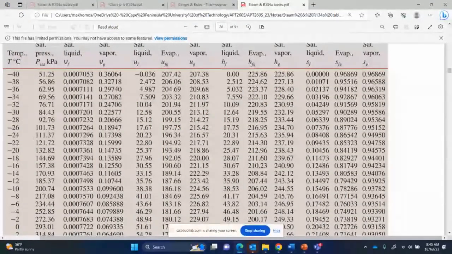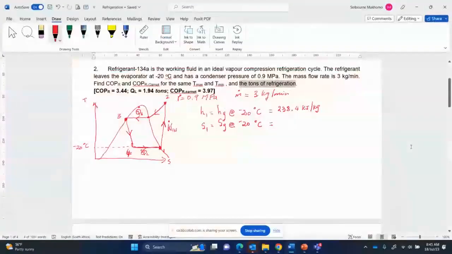Where is -20? Here is -20. Sg is 0.94575 kilojoules per kilogram.